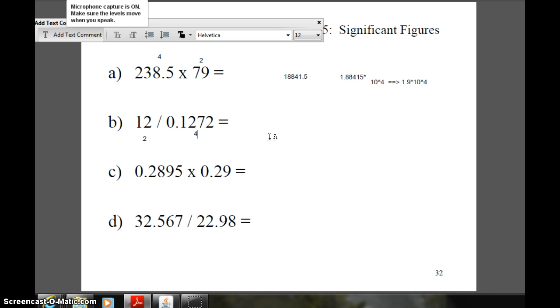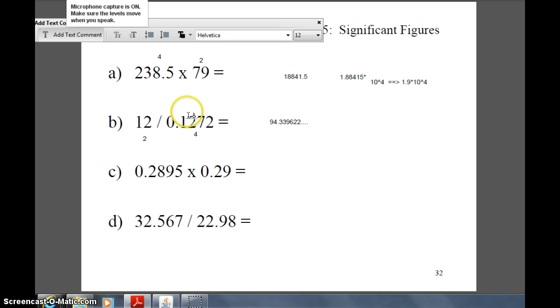What that means is that when we carry out the math, when I'm doing 12 divided by 0.1272, I'm getting an answer 94.339, and then it just goes on 622 and so on.